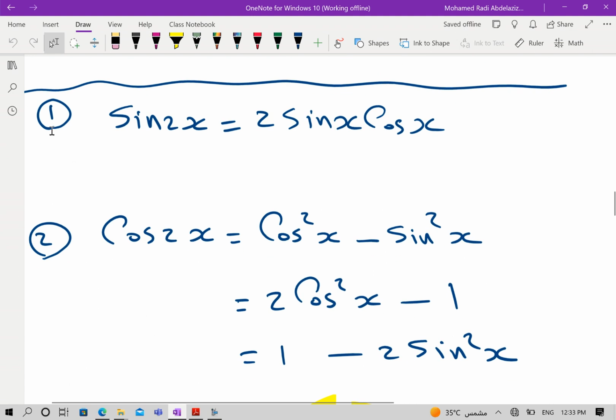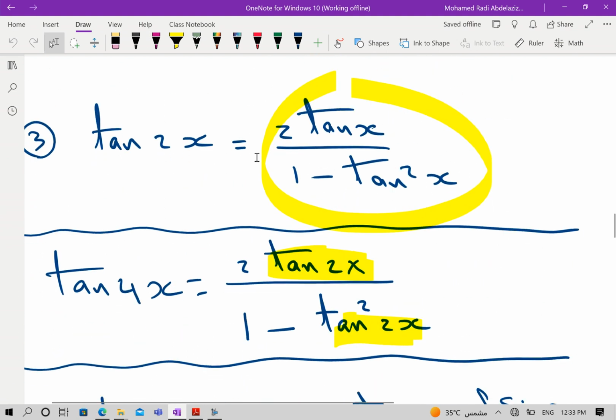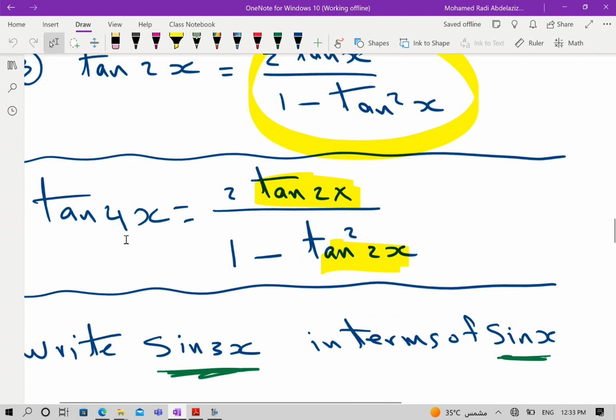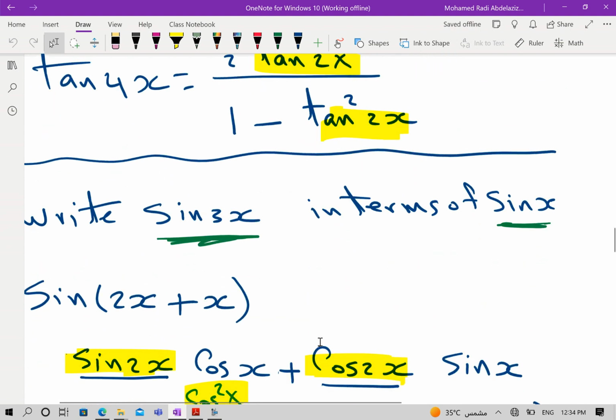The final forms: sine 2x is 2 sine cosine; cosine 2x is cosine squared x minus sine squared x, or 2 cosine squared x minus 1, or 1 minus 2 sine squared x; tan 2x is 2 tan x over 1 minus tan squared x. So if it is tan 4x, we divide the angle by 2 to get 2 tan 2x over 1 minus tan squared 2x.